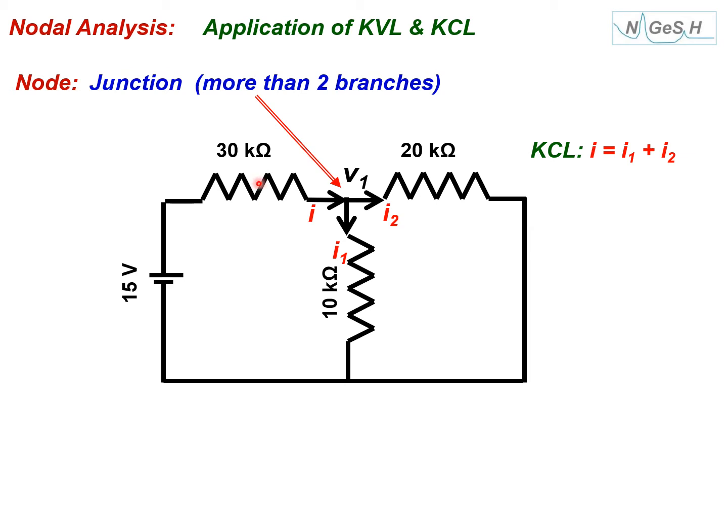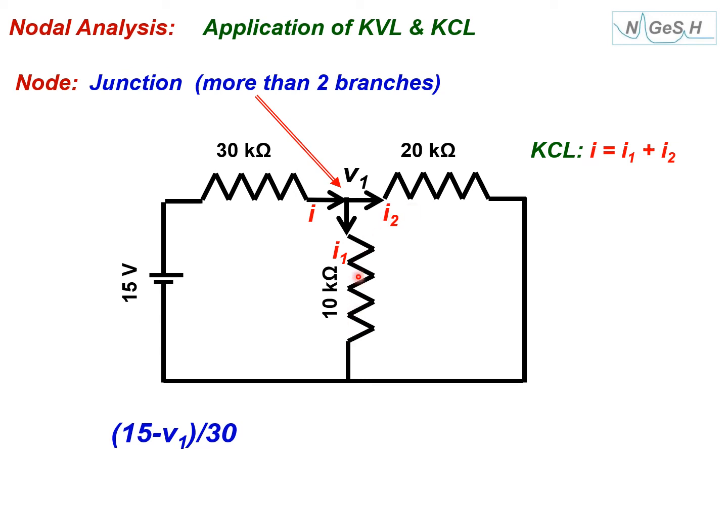The voltage drop across the resistance divided by the resistance gives the current flowing through this branch. And that is here (15 minus V1) by 30, the current that is flowing here. And that must be equal to the sum of these two currents as per Kirchhoff's law. And what is the current flowing here?